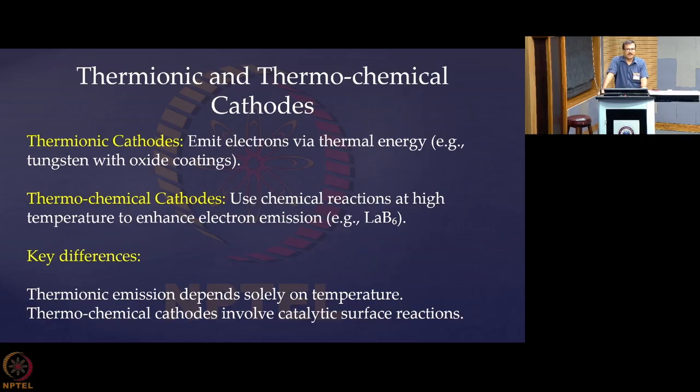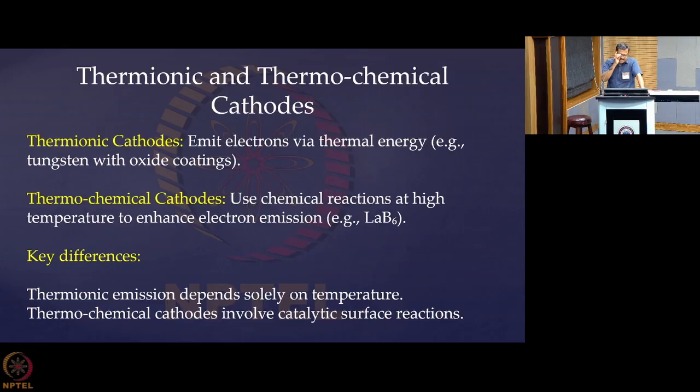That property arises when it undergoes chemical reaction at the very high temperature of the arc as it operates, and that allows it to operate in a much better manner compared to what is available with pure metal. And unlike tungsten, where the melting point reduces by say 2000 degree centigrade, in case of thermochemical cathode the melting point increases instead of decreasing.